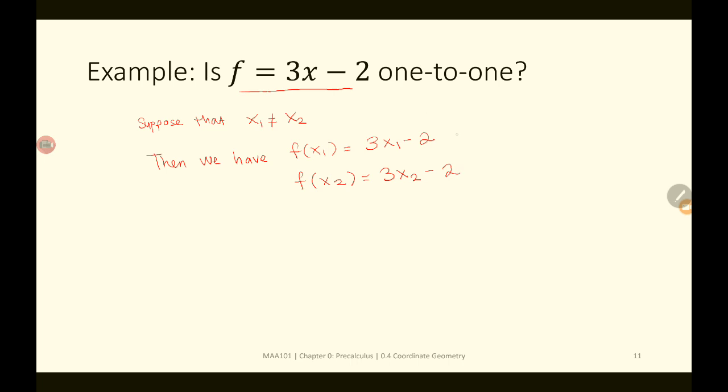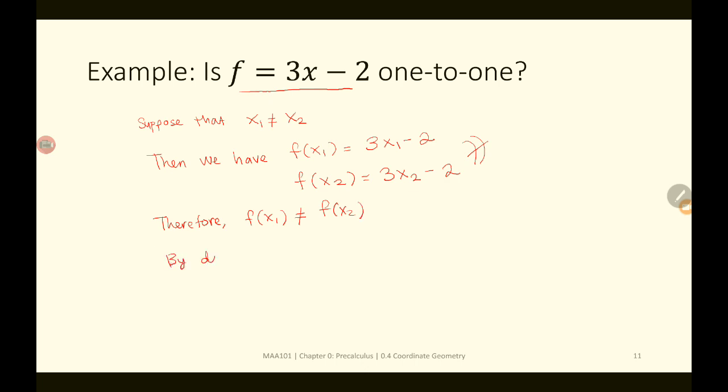Because x1 is not equal to x2, these two are not equal to each other. Therefore f of x1 is not equal to f of x2.